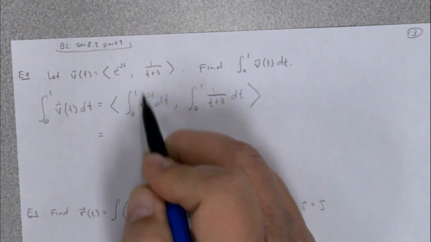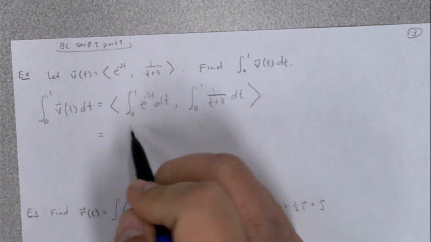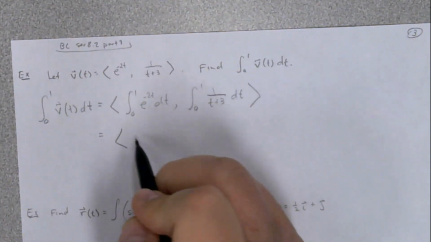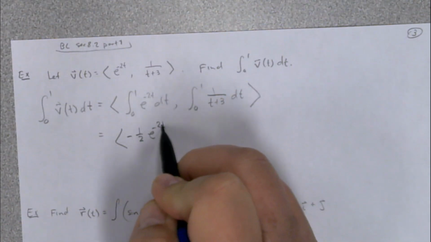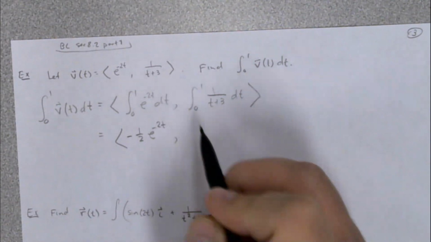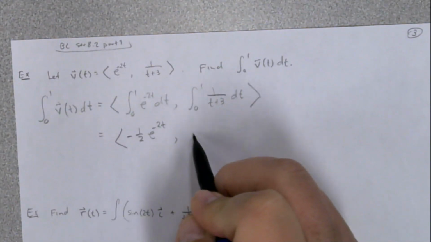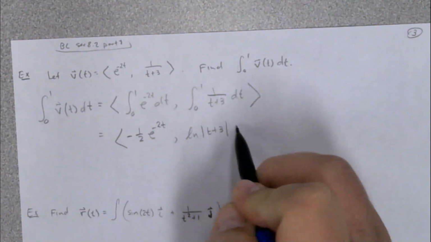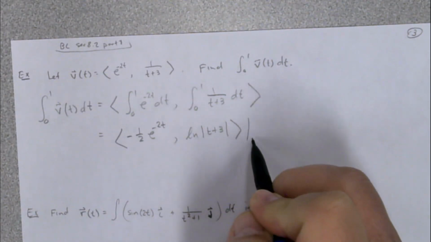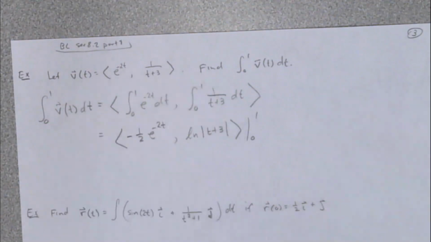So I would do U substitution here, and double check my work. But you should get negative 1/2 e to the negative 2t. And then over here you're going to get the natural log of t plus 3. And we're going to evaluate this vector from 0 to 1.